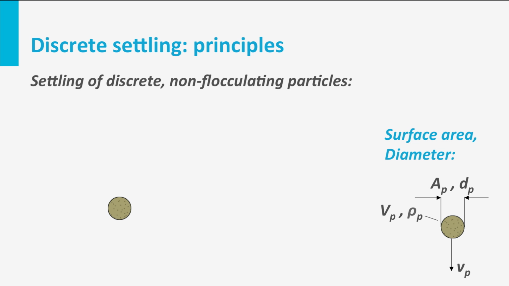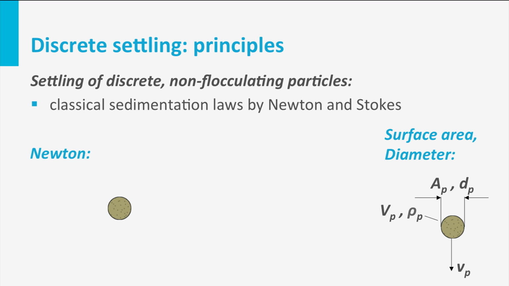Discrete settling can be mathematically described using the classical sedimentation laws of Newton and Stokes, as illustrated in this slide. In fact, there are two main forces acting upon the particle, which are the gravity force and a drag force.